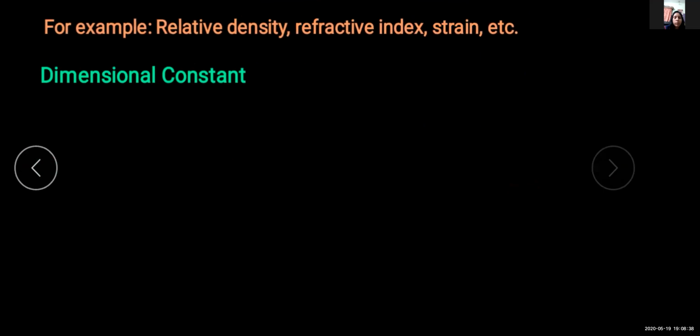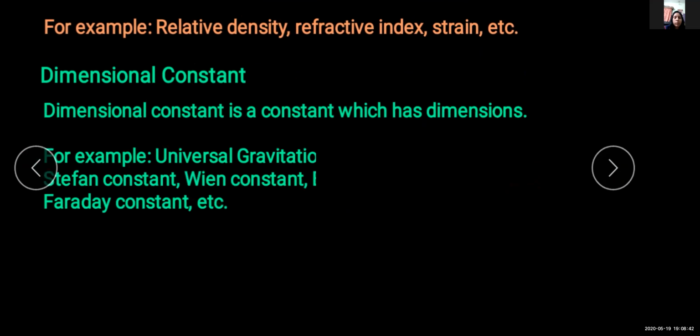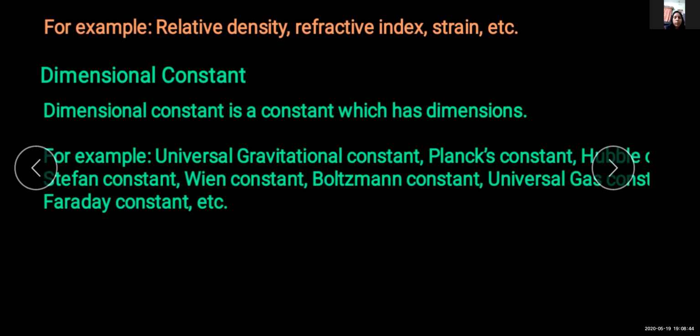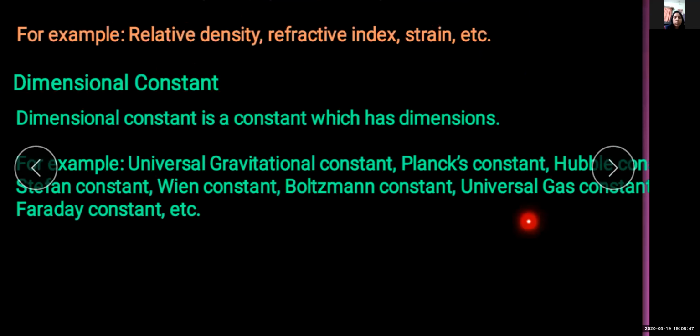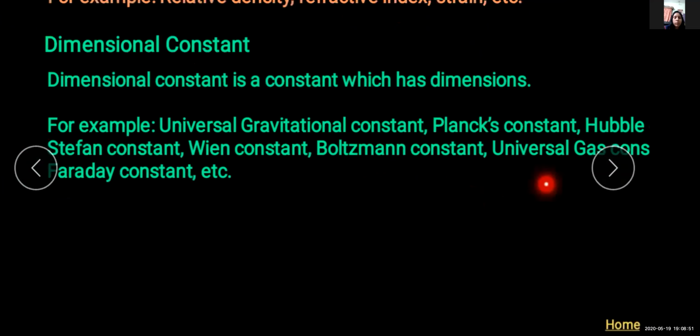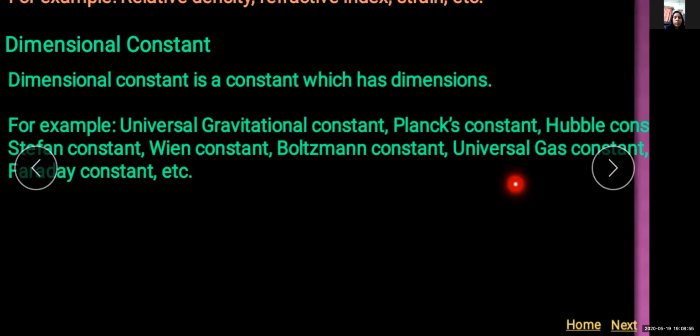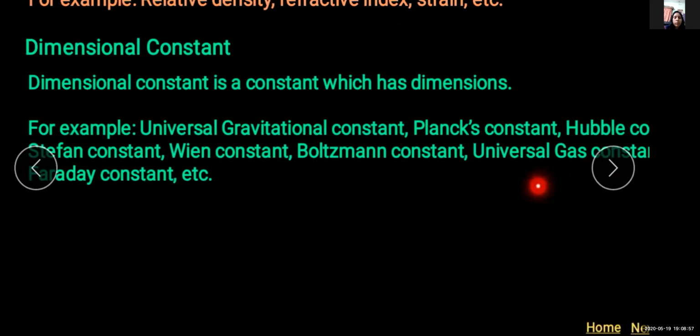Dimensional constant is a constant which has dimensions. For example, universal gravitational constant, Planck's constant, Hubble constant, Stefan's constant, Wien's constant, Boltzmann constant, universal gas constant, Faraday constant, etc. These all have dimension and unit.